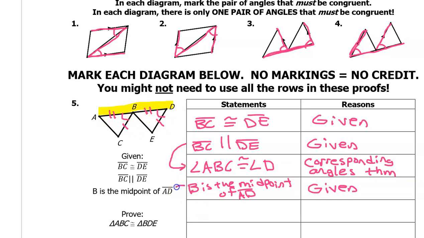That's how we turn this statement about a midpoint into a congruence statement. So we can go ahead and say that segment AB is congruent to segment BD. For the reason, we simply put the definition of midpoint.